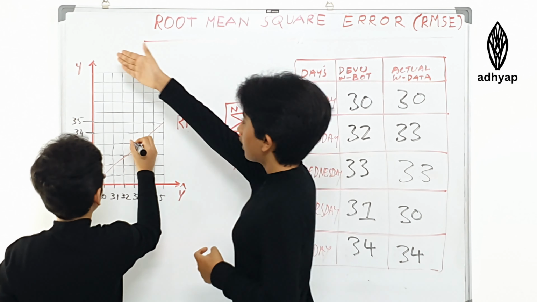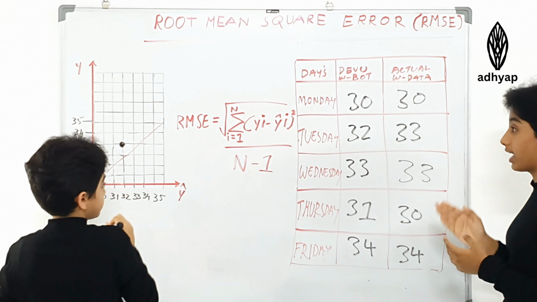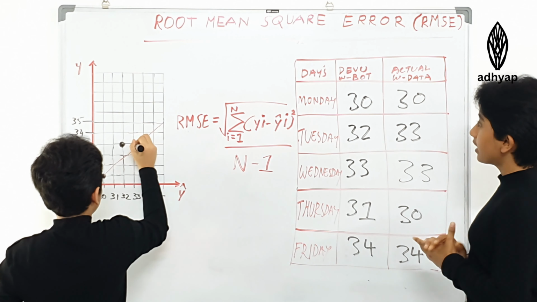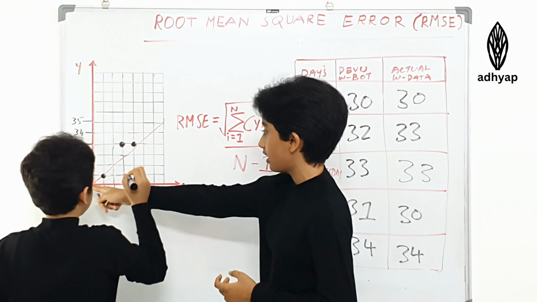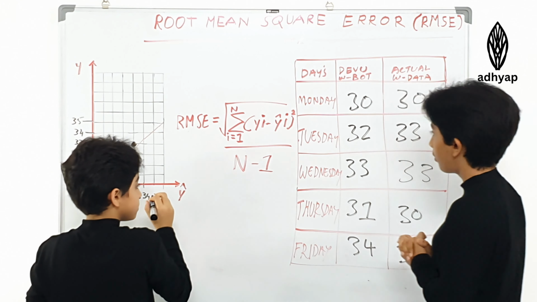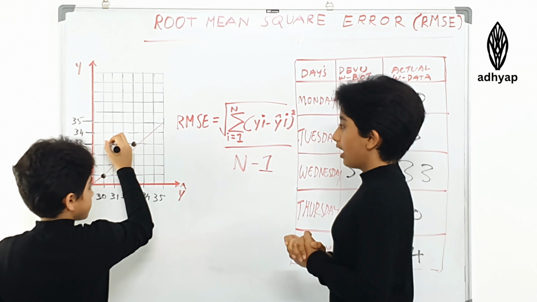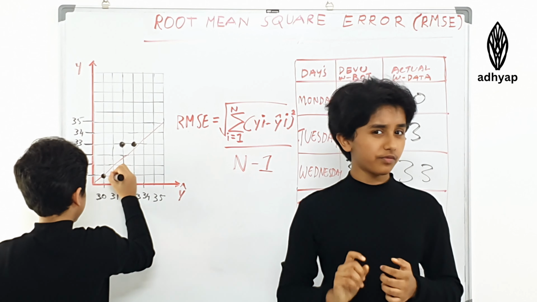The y is your outputs, which are the actual weather data that you waited for the days to come, while the predictions from the Devo bot are your y hat. So 30 and 30 is exactly on the line because the prediction and the actual data are the same. And some are up and down. Well, that means they have a few issues.